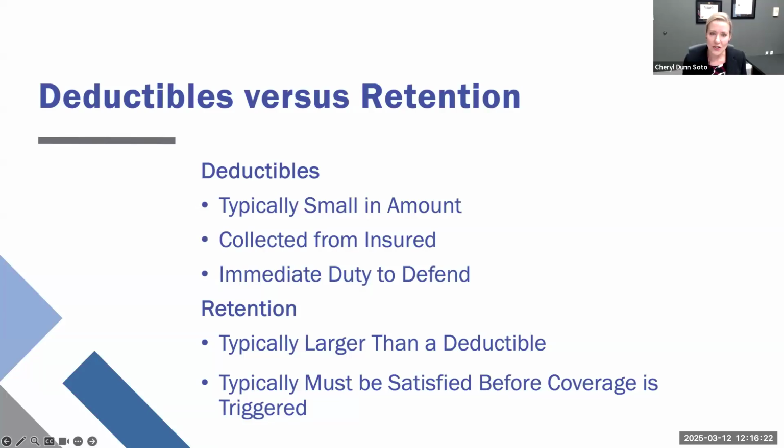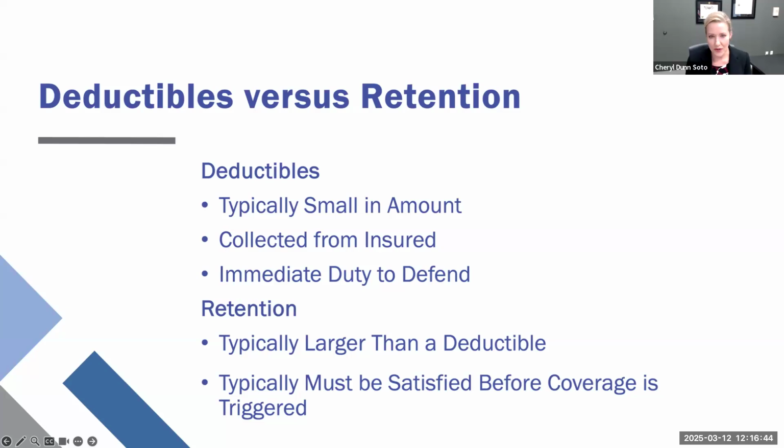Retentions are typically larger, typically found with respect to claims made and reported policies. They can be 10,000, 100,000. I've seen a $1 million retention. And the key is that retentions have to be satisfied before the coverage is triggered under the policy. Typically, there can be an exception.